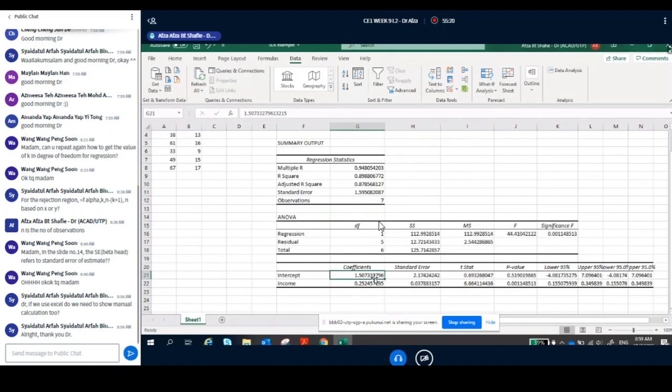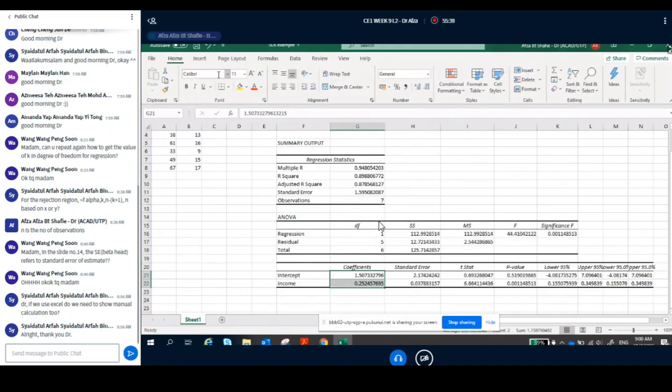Our X just now was income. The value of beta 1 hat was 0.25245. So this gives us the beta naught hat and the beta 1 hat.